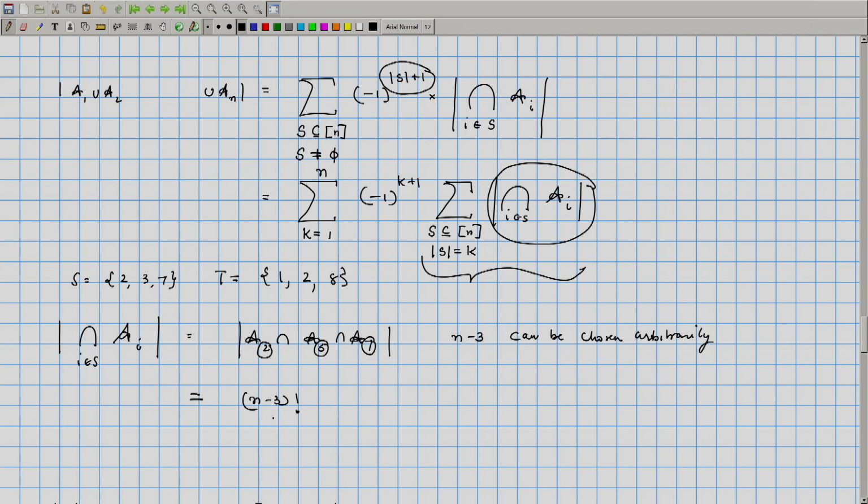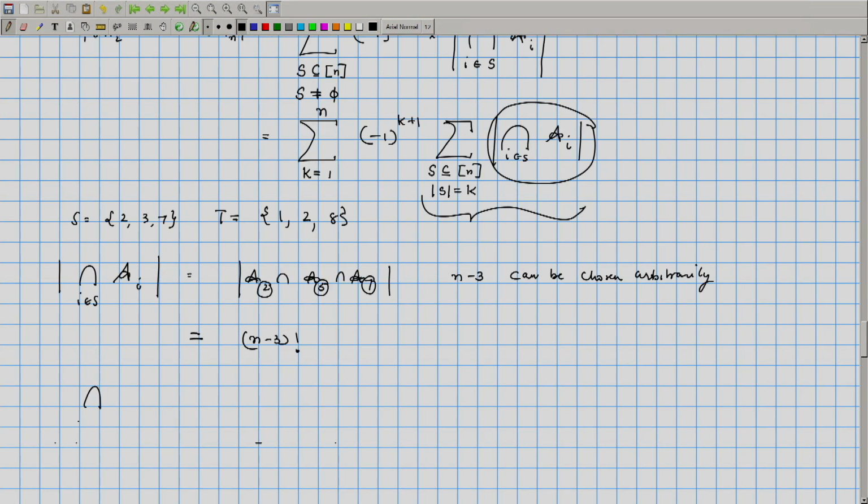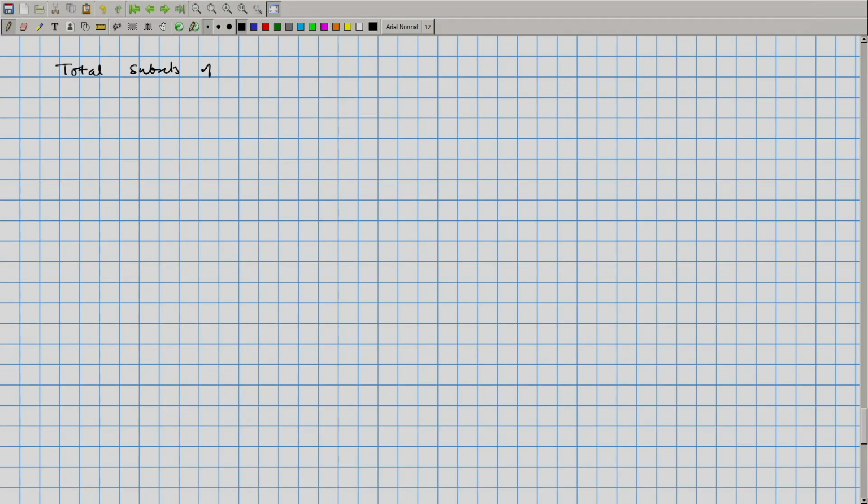So the inner term, the size of the intersection over i belonging to S of A_i, is just going to be n minus size of S factorial. The total number of such sets we need to sum over: the number of subsets of size k is n choose k.